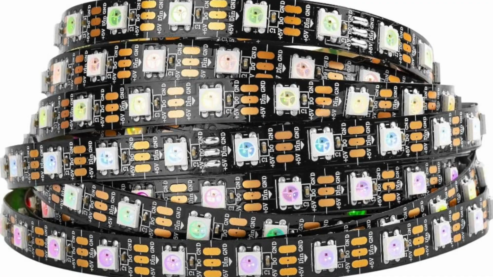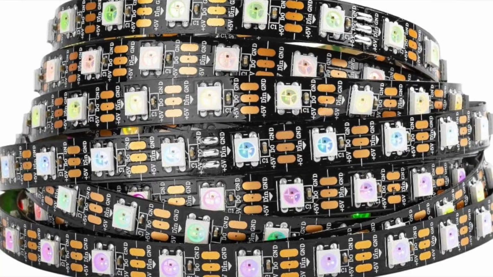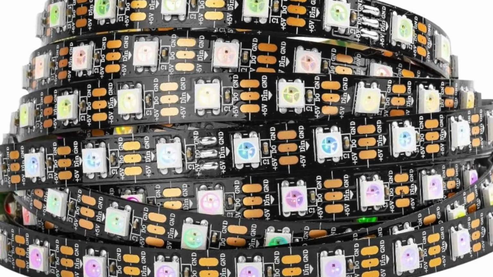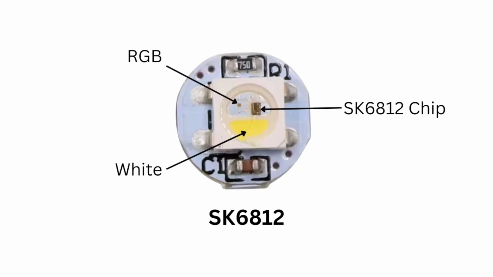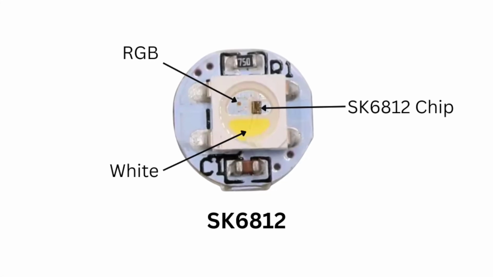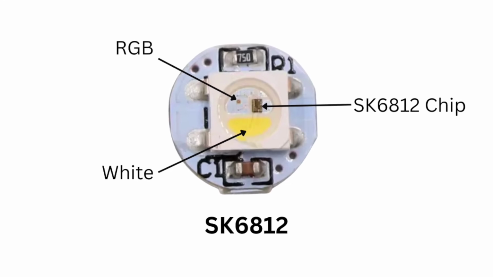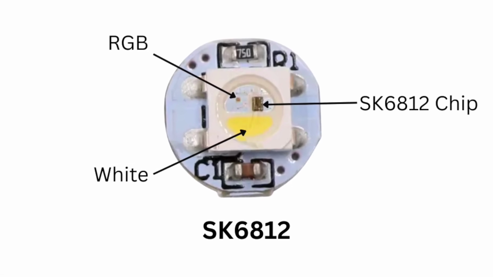Let's talk about the SK6812. Think of these as upgraded WS2812Bs. They have better color consistency and sometimes include a white LED, making them an RGBW for more realistic colors and softer whites. A lot of the LEDs that you purchase, especially the WS2811s, only come with a red, green, and a blue. And when you combine all 3 of those colors, they end up being a quote-unquote white.